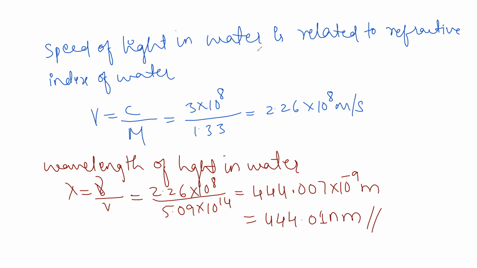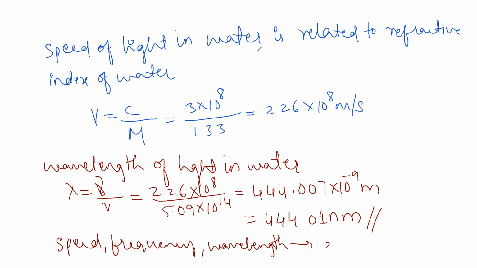Hence, speed, frequency, and wavelength of refracted light are 2.26 into 10 to the power of 8 meter per second, 444.01 nanometer, and 5.09 into 10 to the power of 14 hertz.